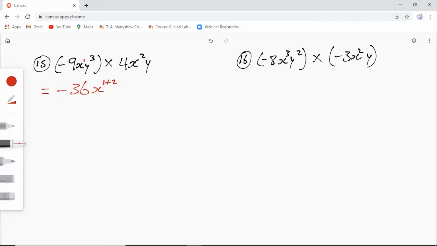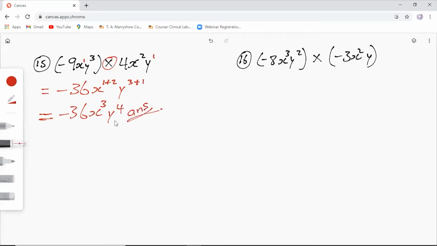We add the powers since we are multiplying. And then y cubed times y to the power of 1. y is the same as y to the power of 1. We have to add the powers as well, so we get 3 plus 1. So simplifying, we get negative 36x cubed y to the power of 4.